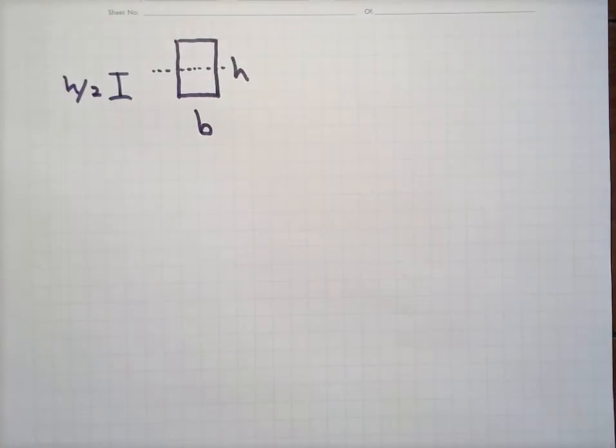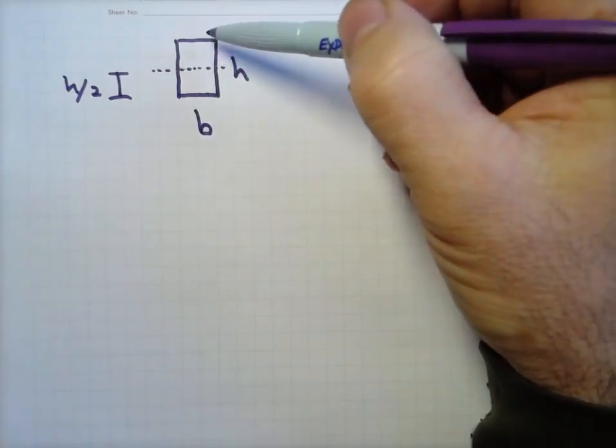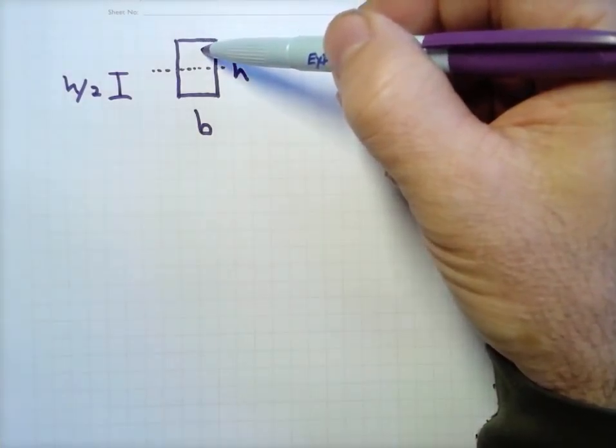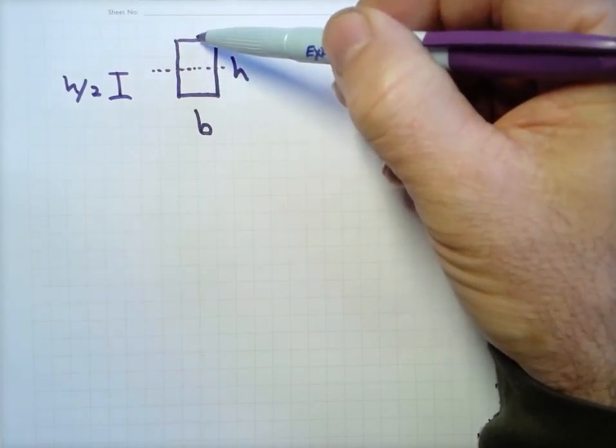So in the normal stress, or in the bending stress, we used the y, and y was the distance from the centroid to the point where we wanted to calculate the stress. What that caused is it caused the stress to be different at every location along the height of the cross section.